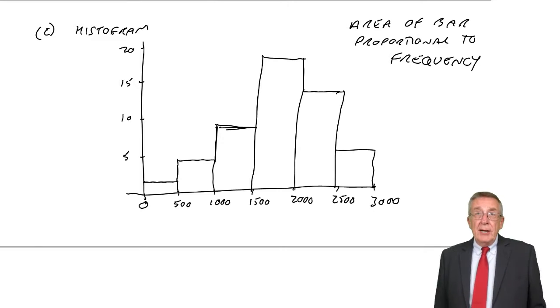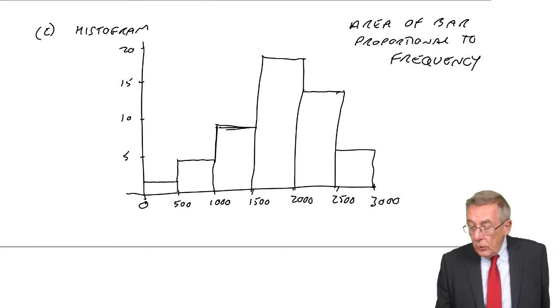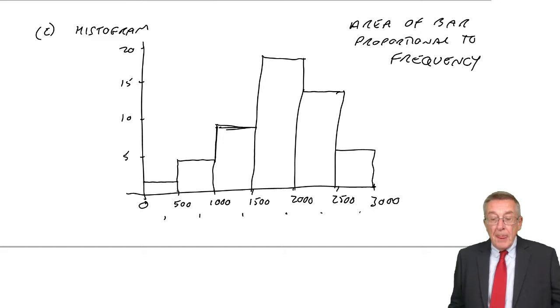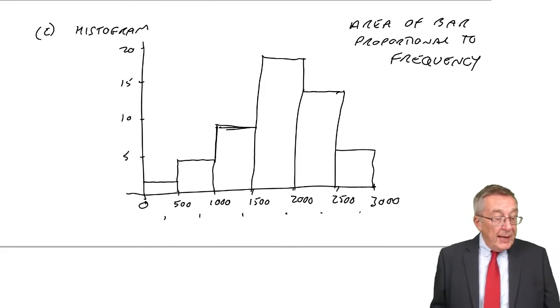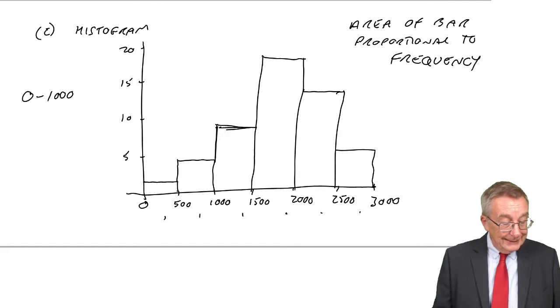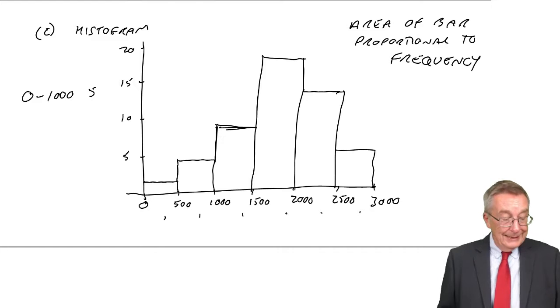It isn't necessary in our distribution that all the ranges, the gaps, should be the same. For instance, we might have decided to have the first one as 0 to 1000, with a total of 5.